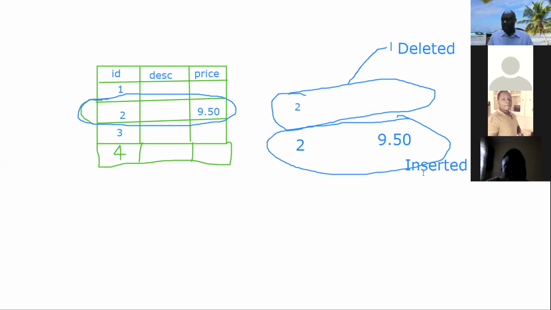One is called the deleted table, which is used to store rows which have been deleted, and the inserted table, which is used to store rows which have just been added to the table. Are we together? Okay, so let me go back to the PowerPoint presentation.